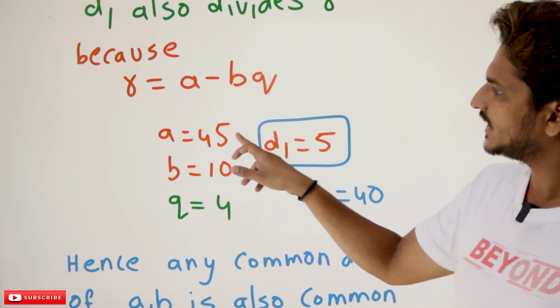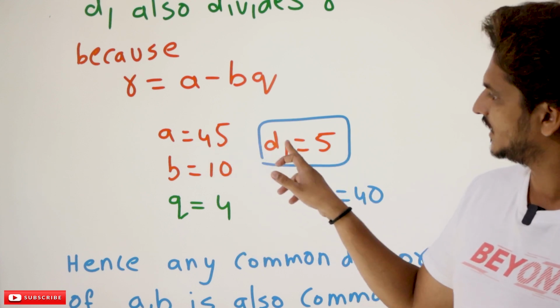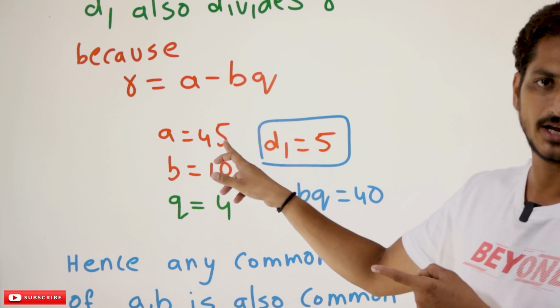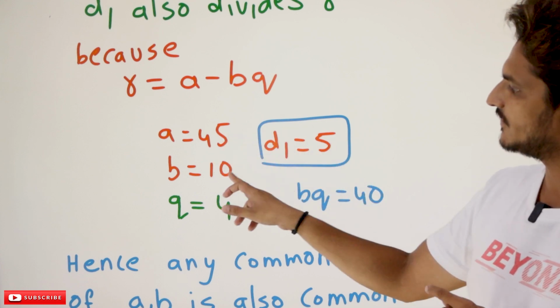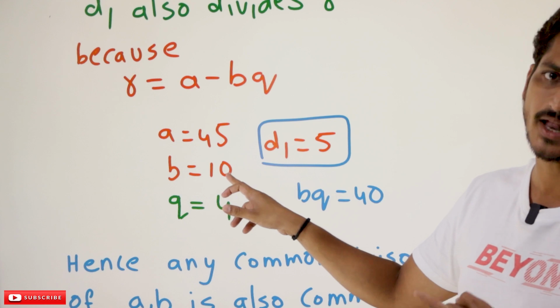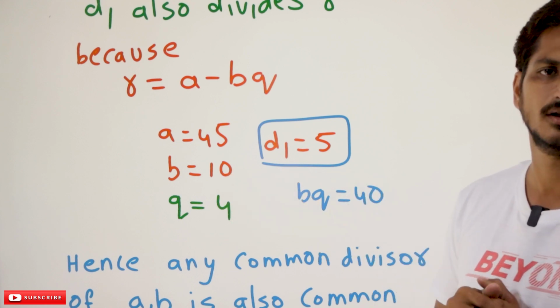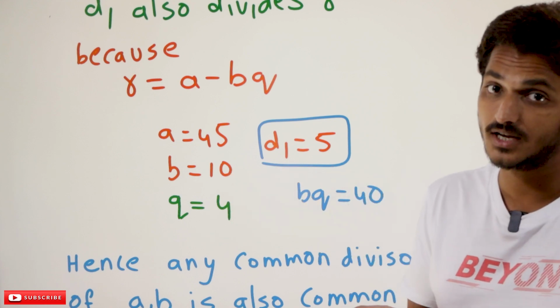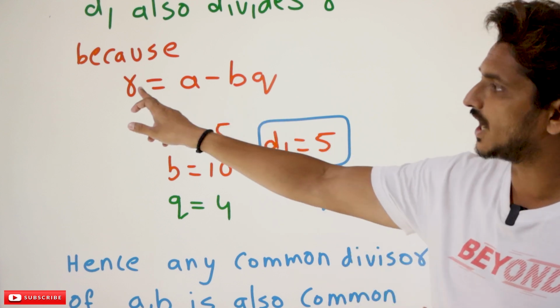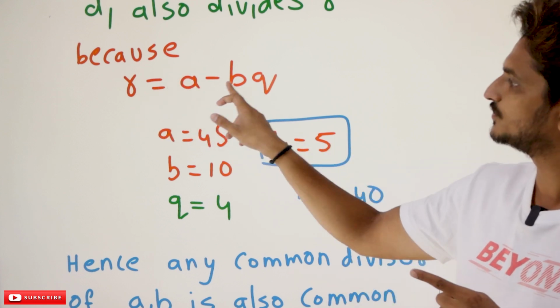So, if D1 divides A, 5 nines are 45. D1 divides B. What is B? 10. 5 twos are 10. Then definitely D1 divides R. R means A minus BQ.